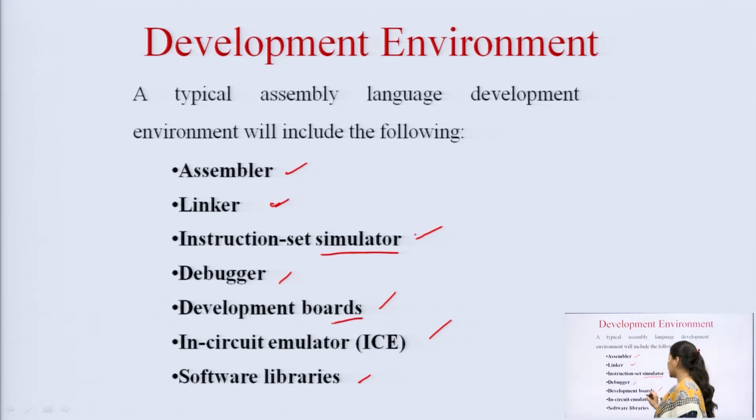Now, the development boards. What are these development boards? You must be knowing that whenever we design any embedded system, we select a certain processor. Whenever we purchase a processor, the processor is a single chip, but in actual it is present on a board, and on that board we can see various circuits, peripheral devices, and other ICs apart from the processor IC.